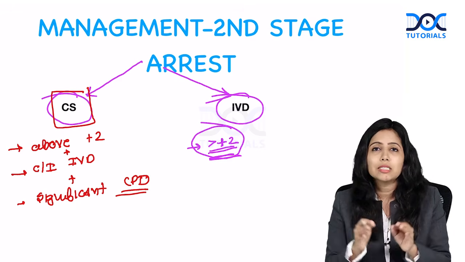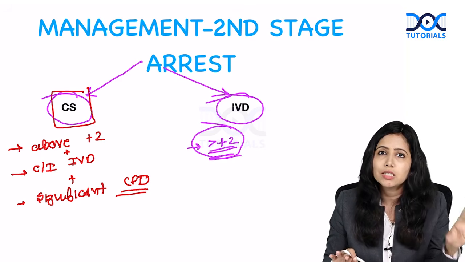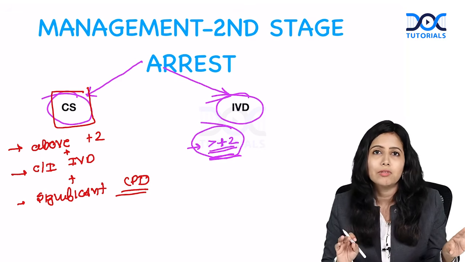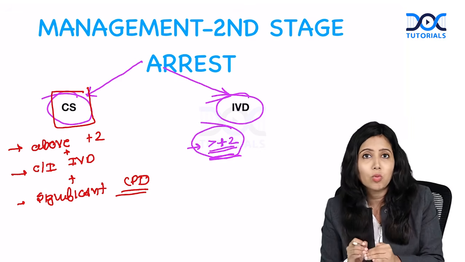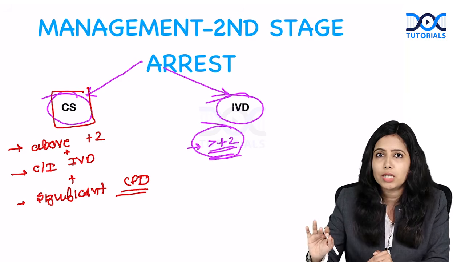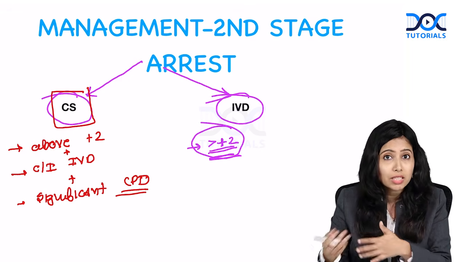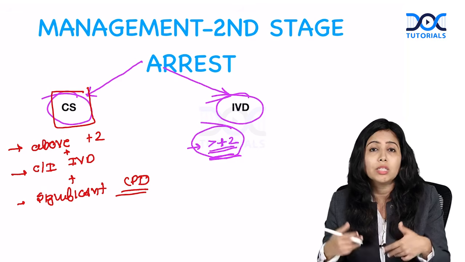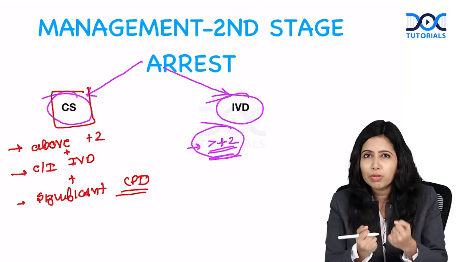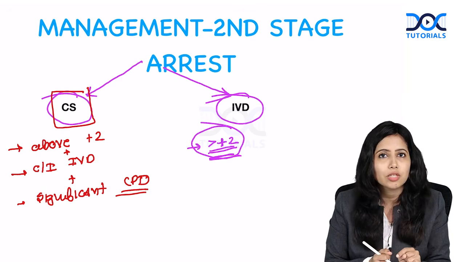So, in the second stage arrest, what you have to do is deliver the baby. Just choose either cesarean or instrumental vaginal delivery. Head of the baby is way down, there is no contraindication for instruments: go for instrumental delivery. Head of the baby is up, along with some contraindications for using instruments, or there is CPD where you can't pull the baby from below: in that condition, you go for a cesarean section.